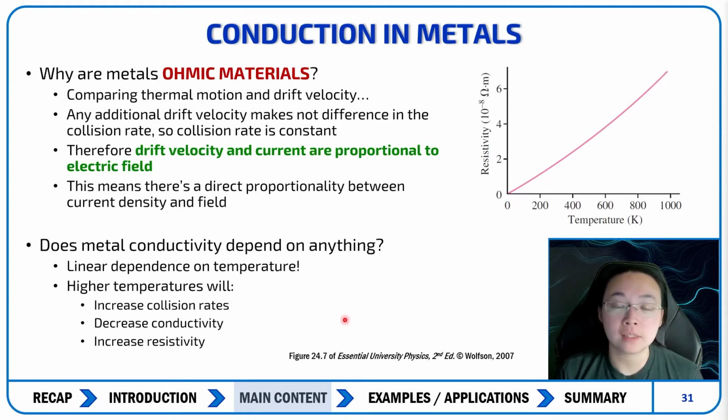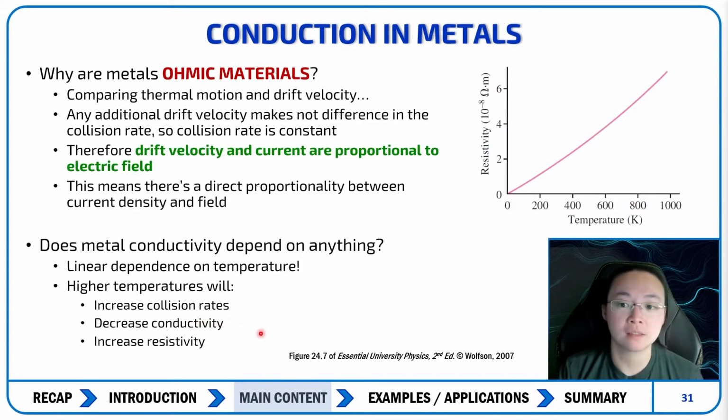So let's go through each of these and explain why it's happening, because there are quite a few terms that you'll have to wrap your head around. With higher temperatures, you're going to increase collision rates. Now, the problem is when you're increasing collision rates, it has no difference in the drift velocity. And because there is more movement and more thermal motion, which doesn't affect drift velocity, the conductivity is going to decrease.